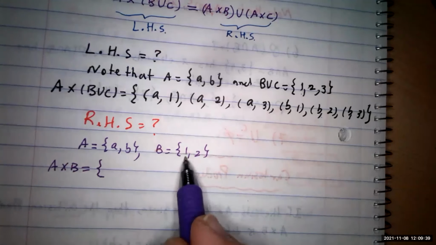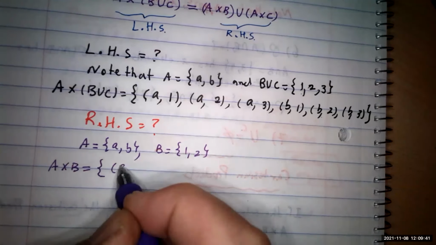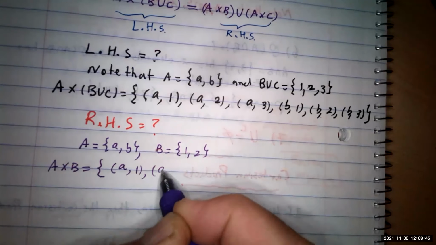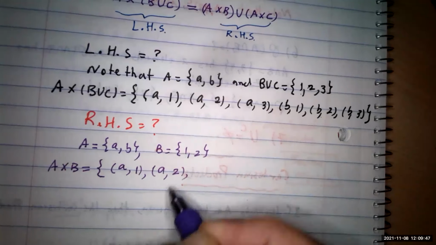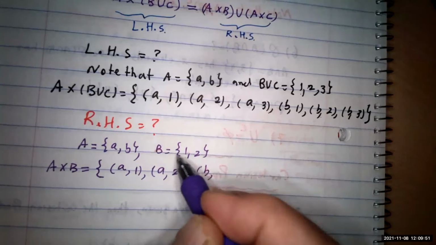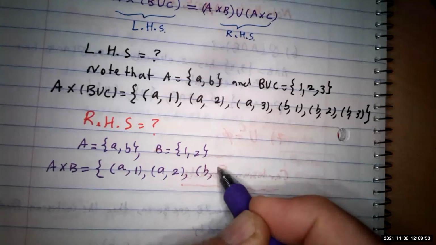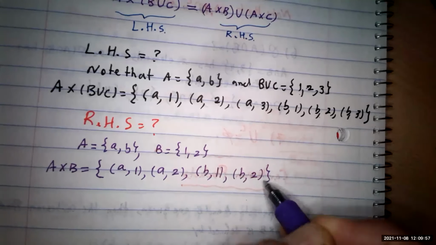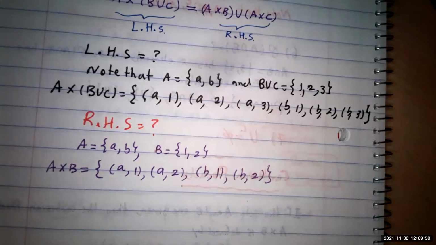There you are: (a, 1), (a, 2). Then with the B, (b, 1) and (b, 2). You see, this is A cross B. Any question?